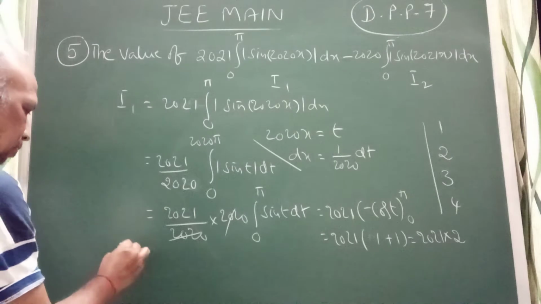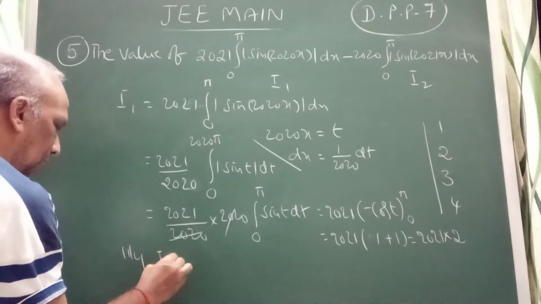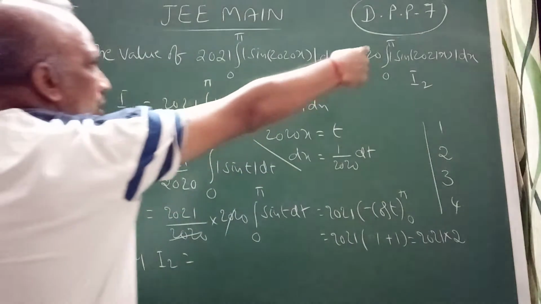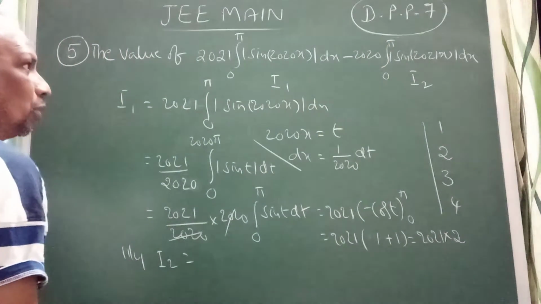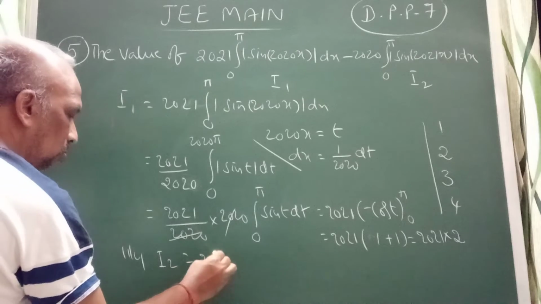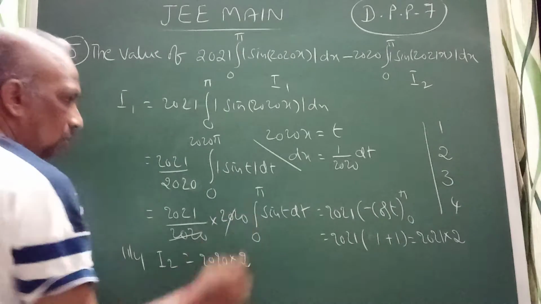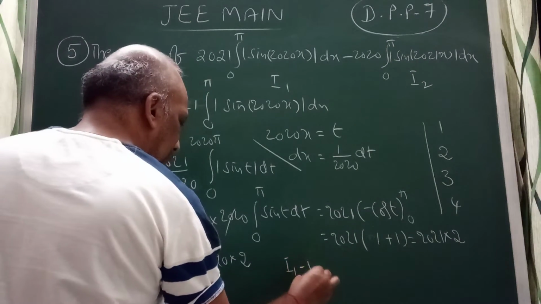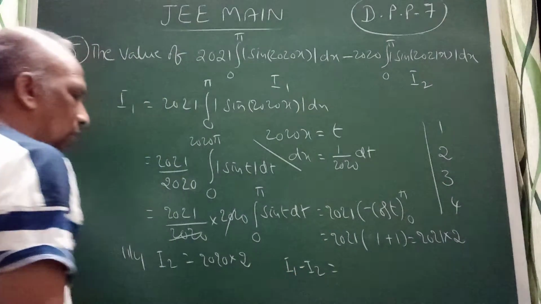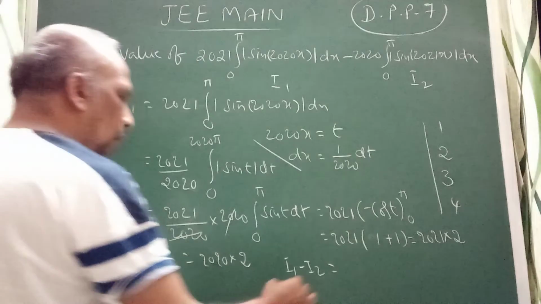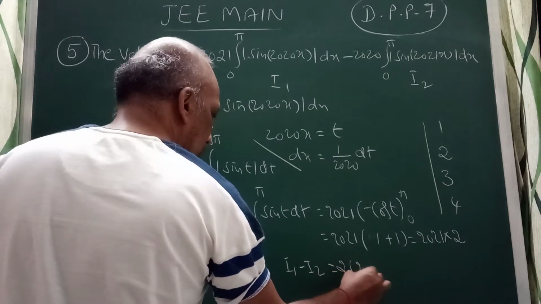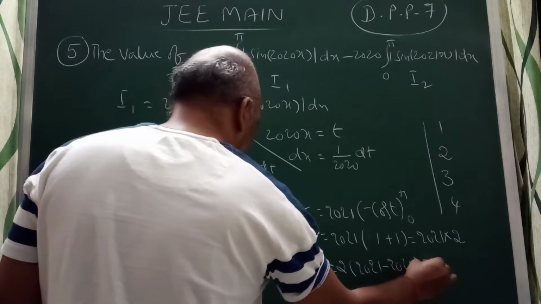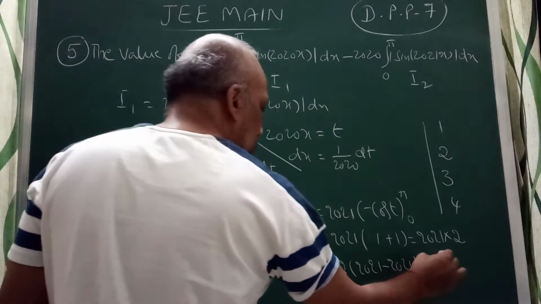Similarly, think about I2. If we think about I2 similarly, it is the same thing. I2 comes to 2020 into 2. Now the difference I1 minus I2: if we take 2 common, it is 2021 minus 2020, which gives only 2.